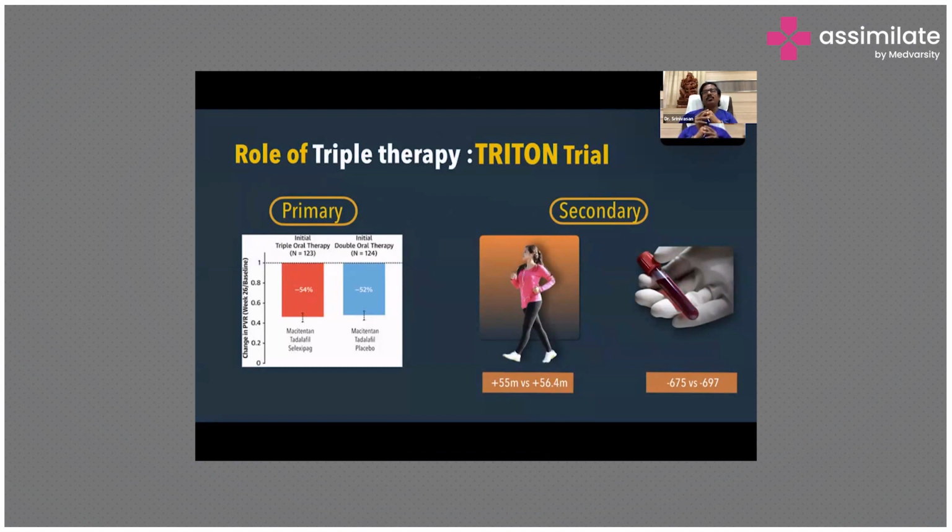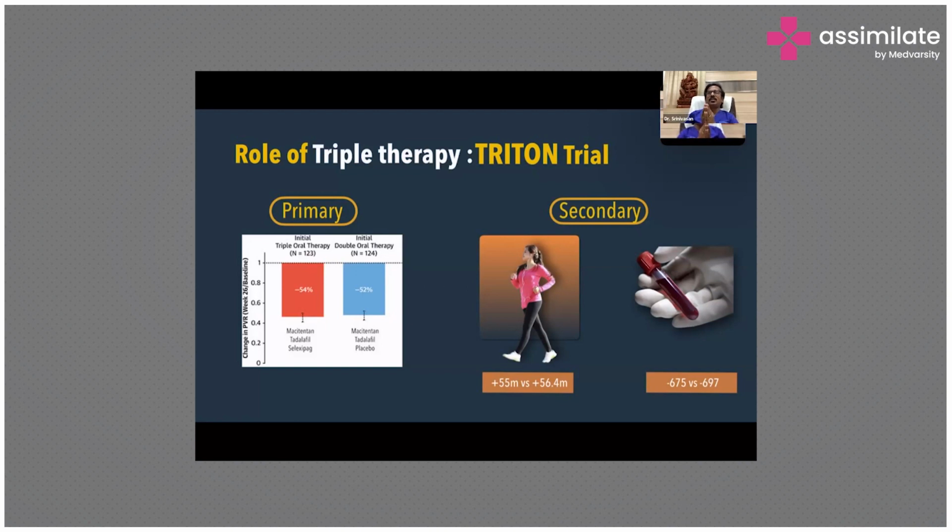The drugs they used were macitentan, tadalafil, and selexipag, which is a prostaglandin analog. So these 3 drugs were given in one group of patients. The other group was given only macitentan and tadalafil, plus a placebo. Macitentan is an endothelin receptor blocker, and tadalafil is a phosphodiesterase inhibitor. It was a double-blinded, randomized controlled study.